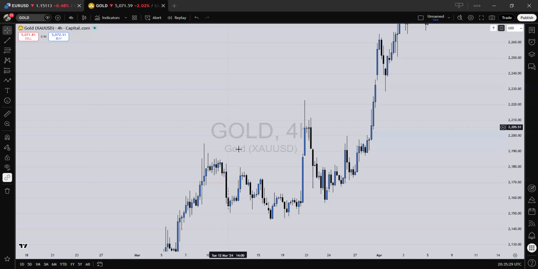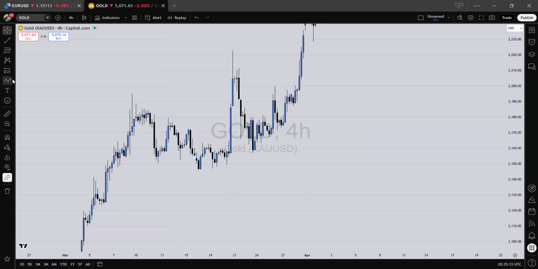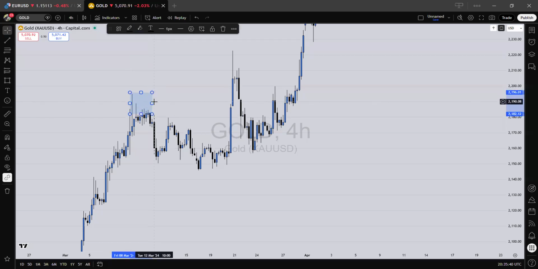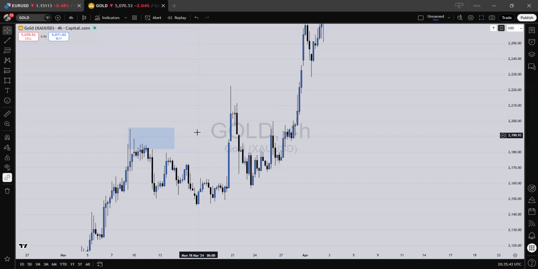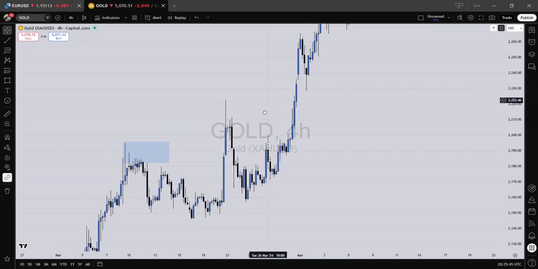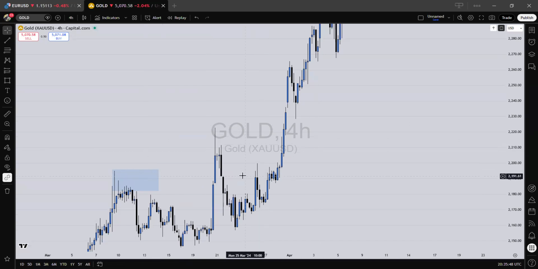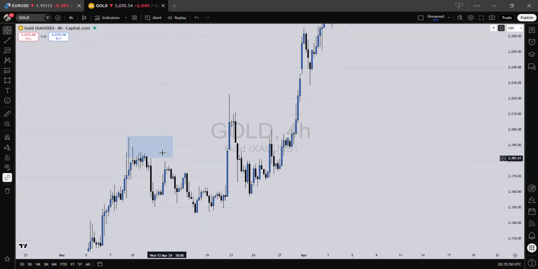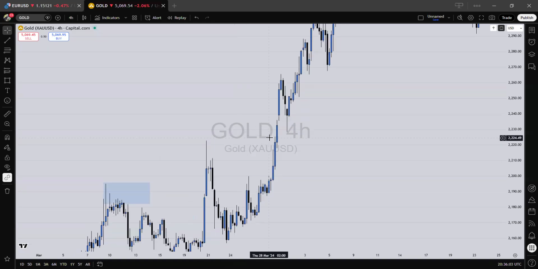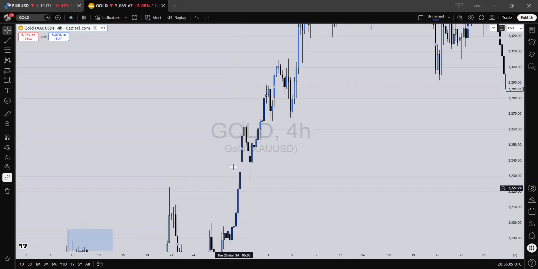All right. So yeah, if you look at this zone that price retraced from, this is 2182. All right, this zone 2182, right? Before price started consolidation here, before price finally took it out to 2200. And then price went all the way up again.